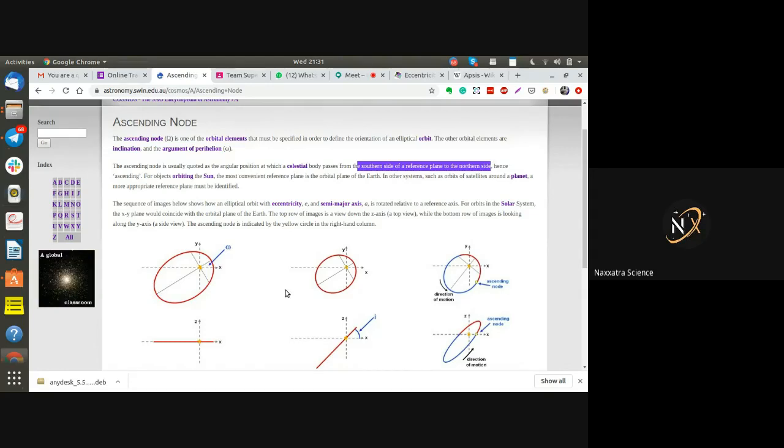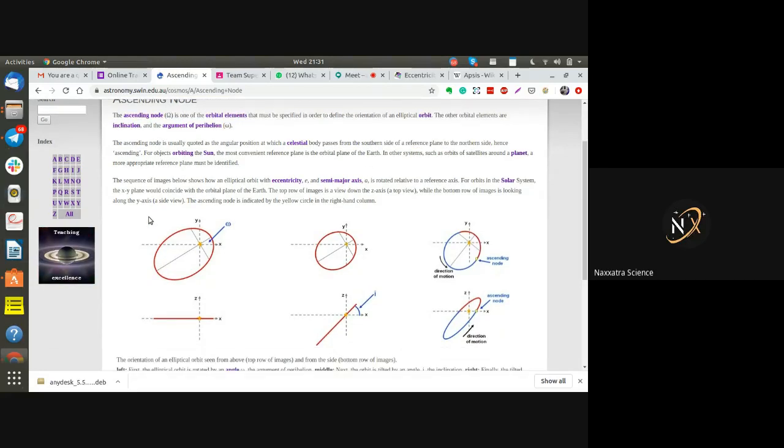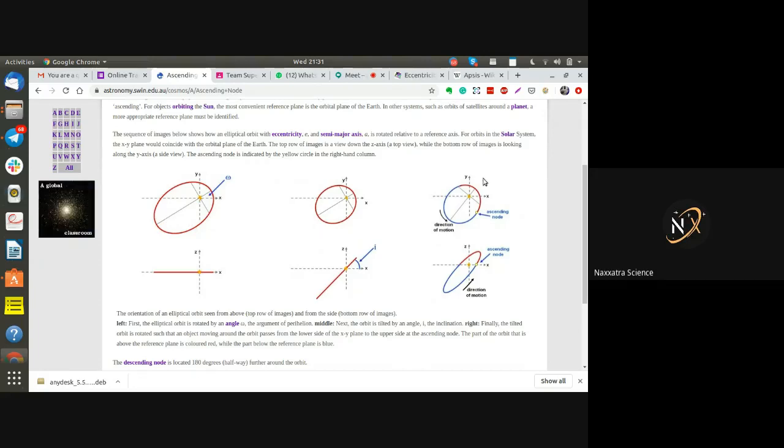And if you guys remember vernal equinox, how are we distinguishing between the autumnal equinox and the vernal equinox? So it's kind of like this approach of southern to northern that is the convention we take. So the first row is the top view.